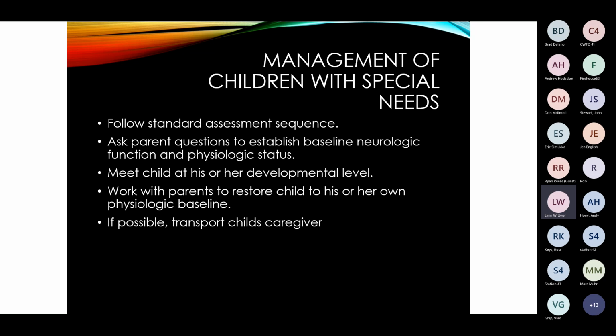Now we're going to be talking about special needs kids, mostly kids with autism spectrum disorder. Work with the patients to try to get the child back to their own physiologic baseline. And if you can, transport the child's caregiver with the patient.